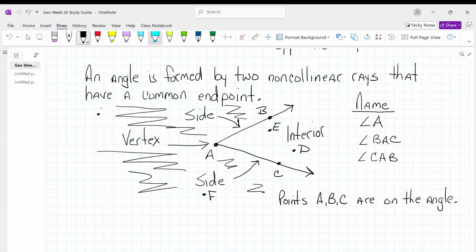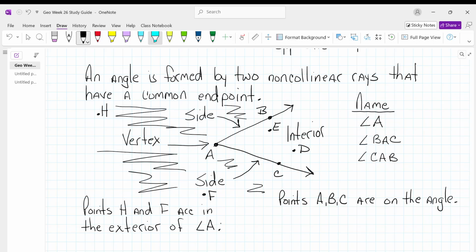And point H, exterior of the angle. So we could say points H and F are in the exterior of angle A.